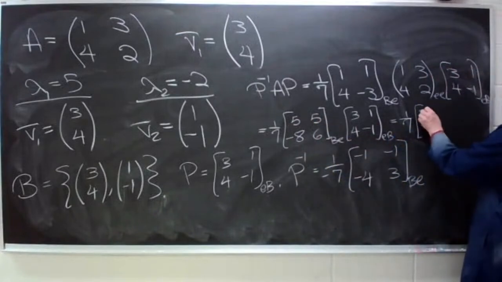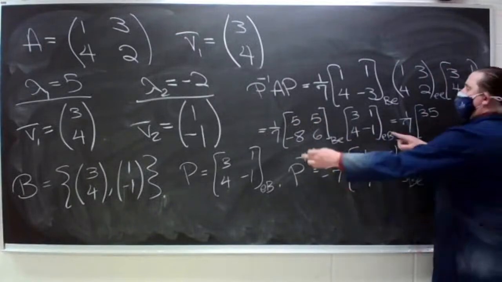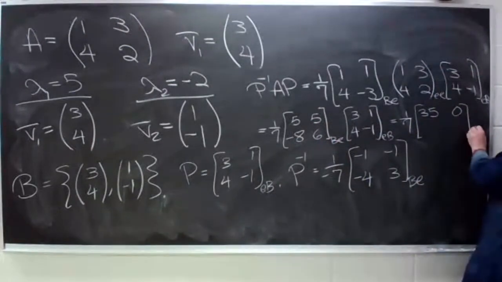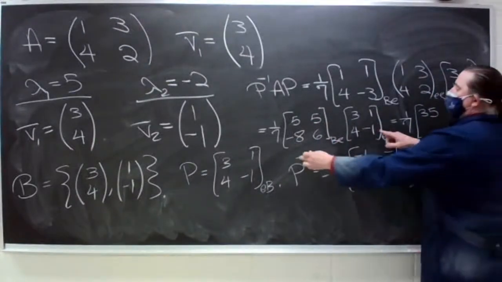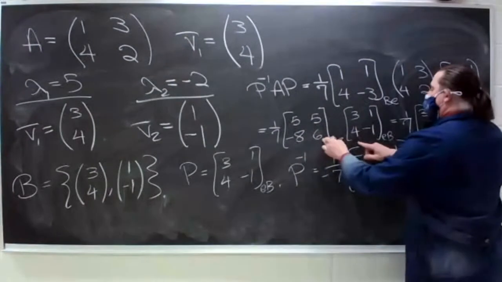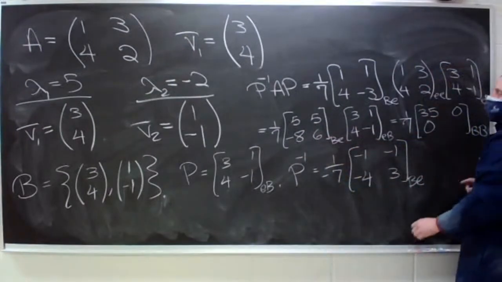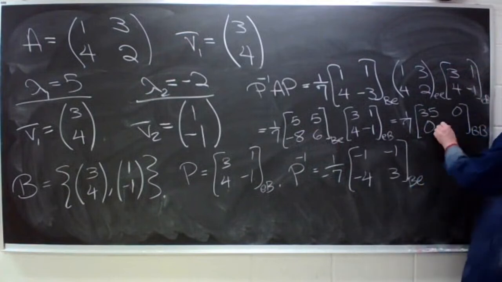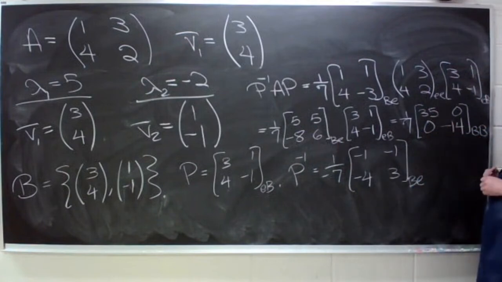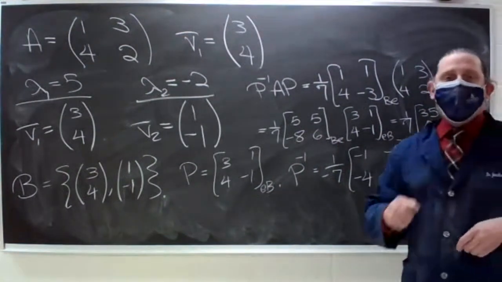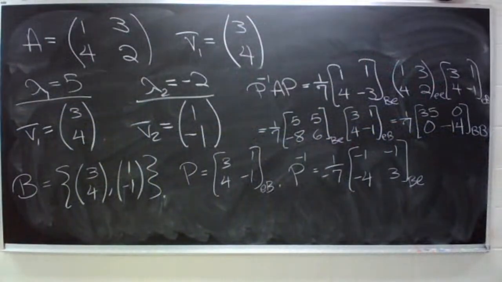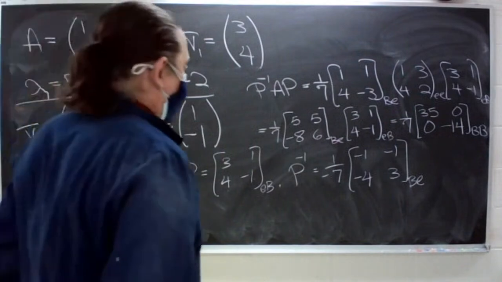15 plus 20. 5 minus 5. -24 plus 24. -8 minus 6. I have my overall factor of 1/7, but the diagonal elements are divisible by 7.